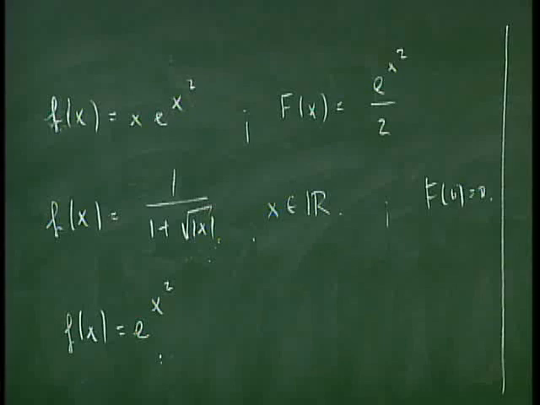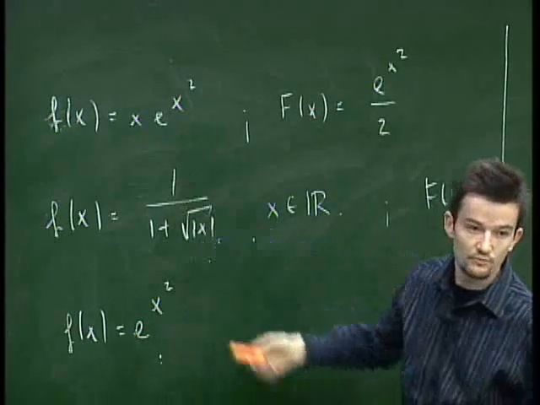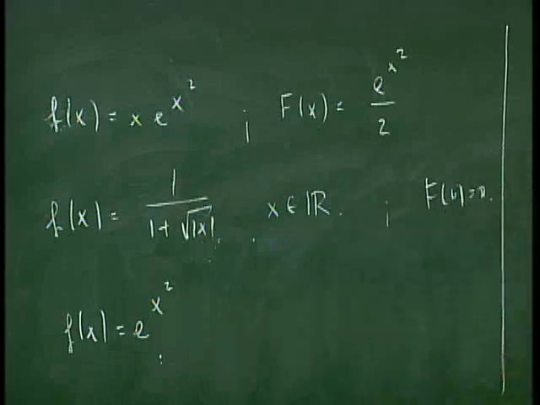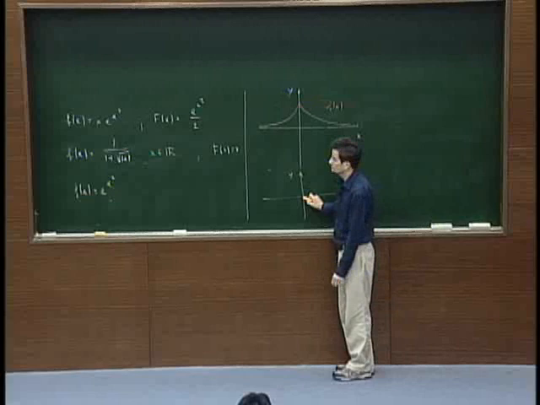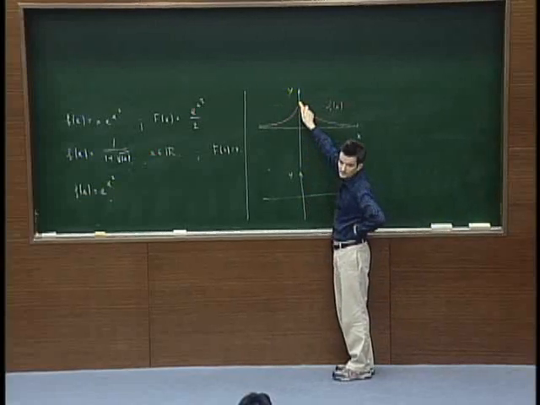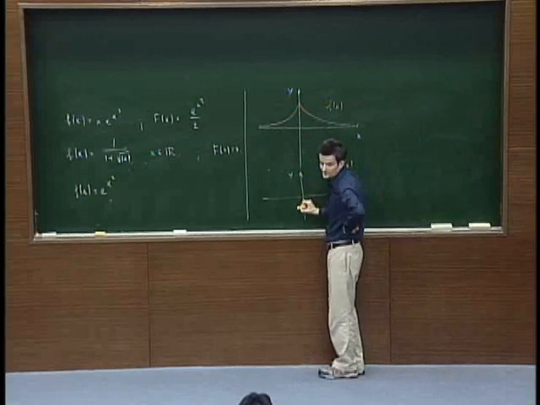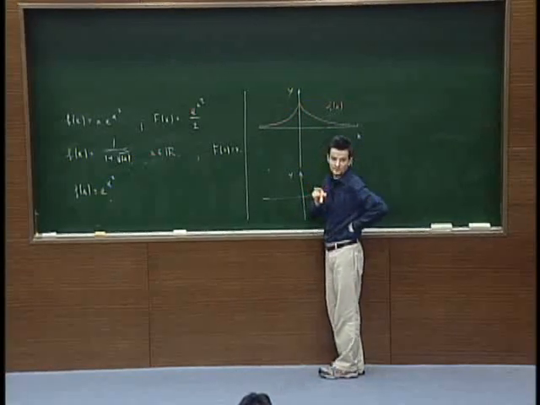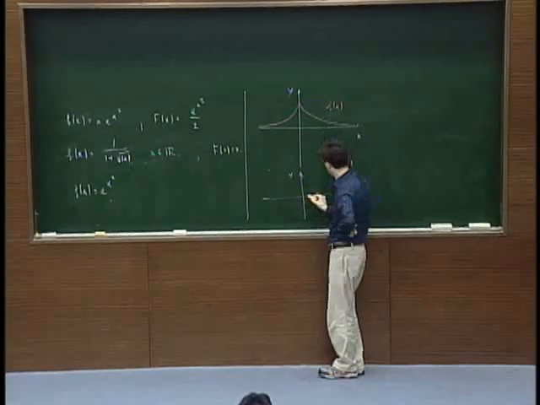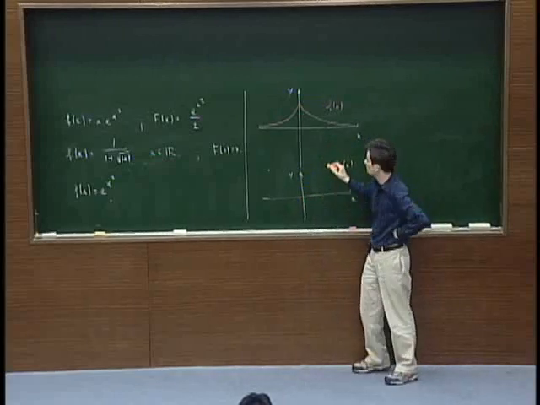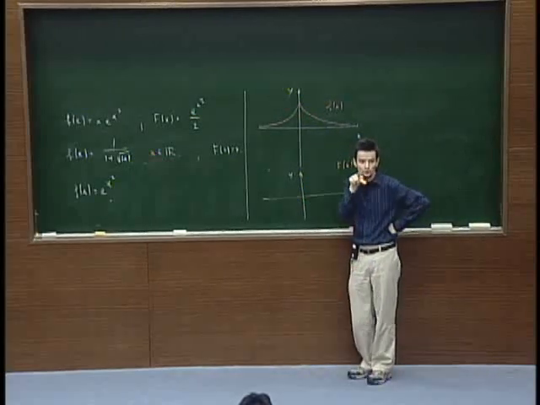Now we know the antiderivative starts at 0, and this here tells us, for x equal to 0, we have 1 here. So the value tells us how we have to proceed from this point. At 0 we see the value is 1, so what we have to do is essentially walk in the direction of 45 degrees, and as we keep on walking, this always tells us how to go on.